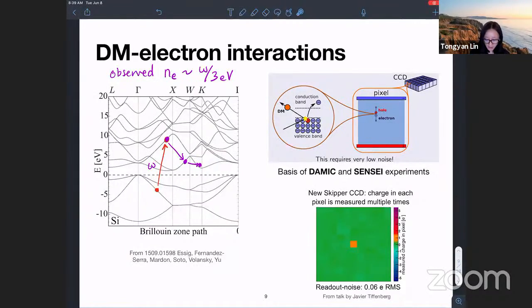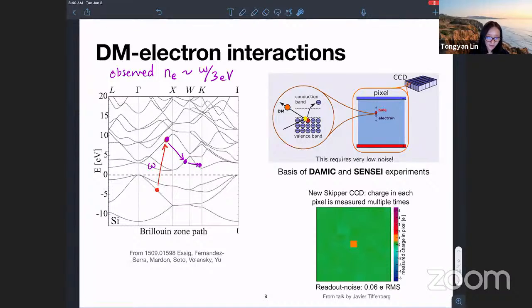What the DAMIC and SENSEI experiments are doing is using particularly thick CCDs so that we have enough mass, and basically treating them as dark matter detectors, where we're taking a picture of the electron ionization events that happened. The bottom plot is showing a bunch of pixels in a CCD.